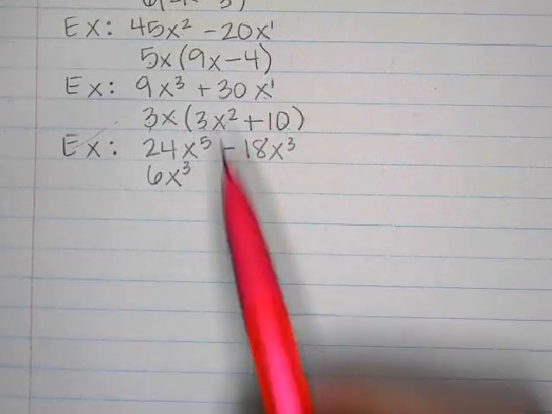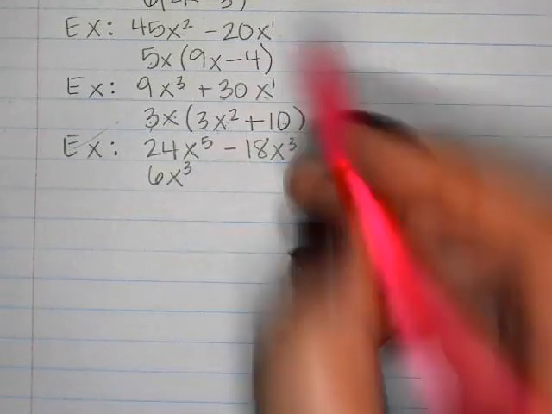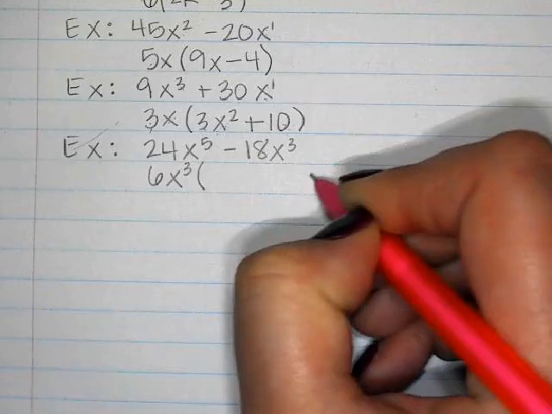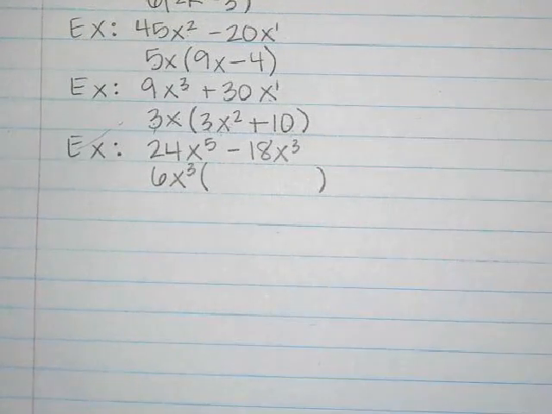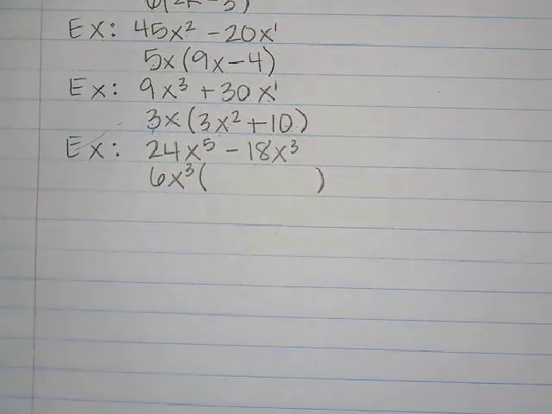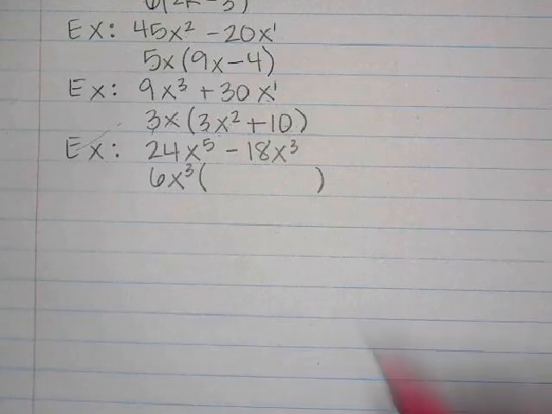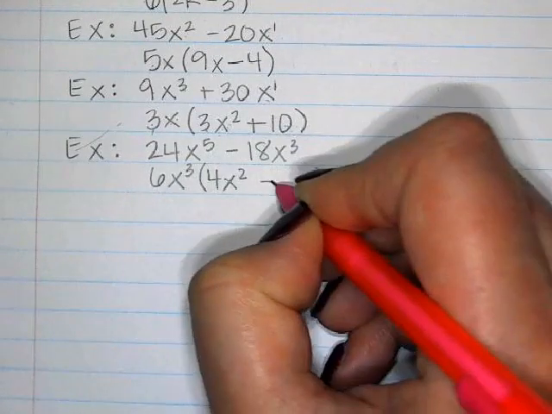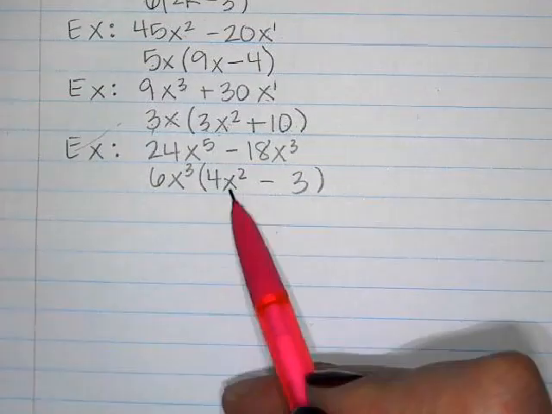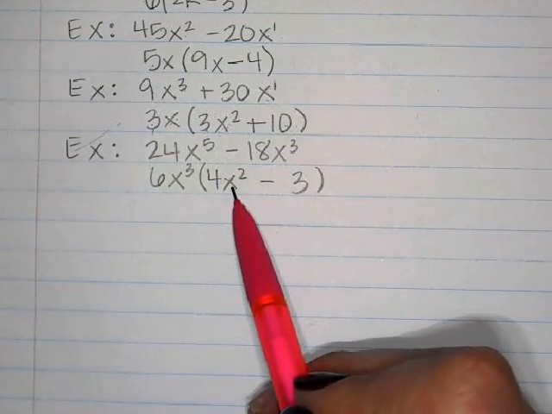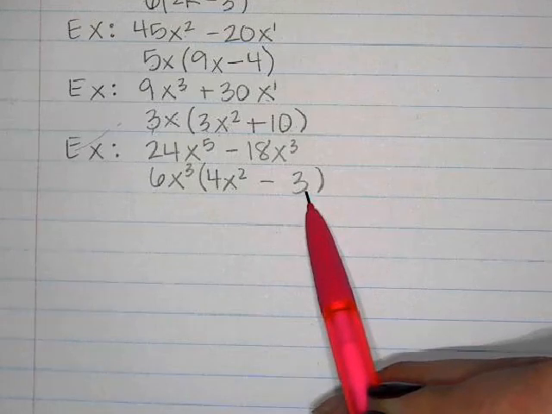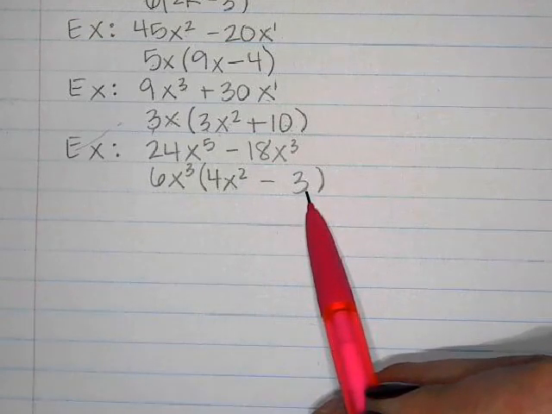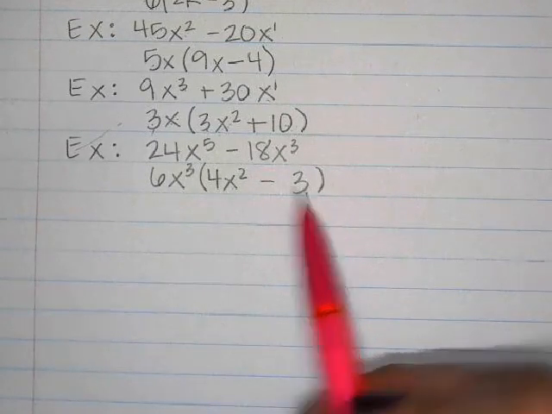So 6x to the third, and then what is left over? 4x squared, minus 3. So at this point, I only have one that has an x left, and that tells me I'm done with the GCF for the x's. And then a 4 and a 3, they don't have anything in common.